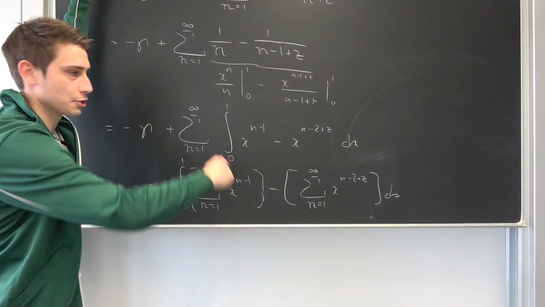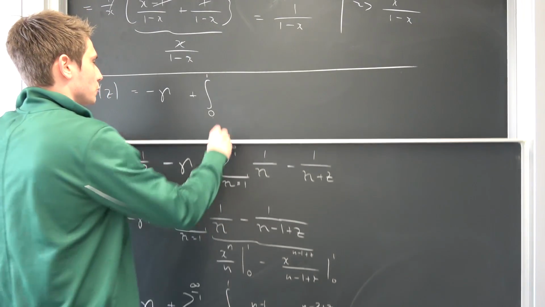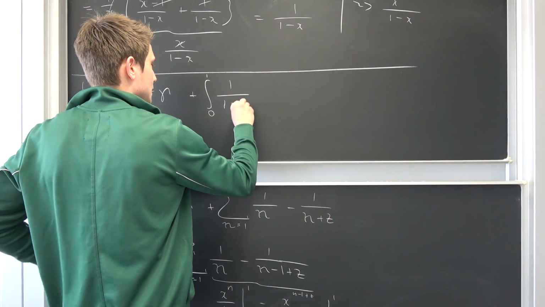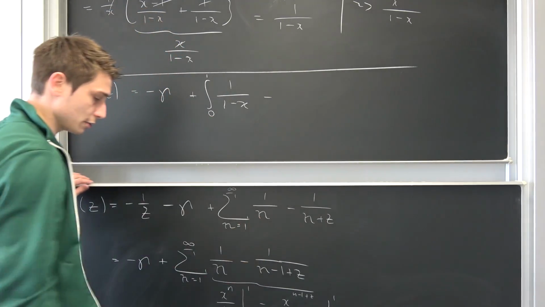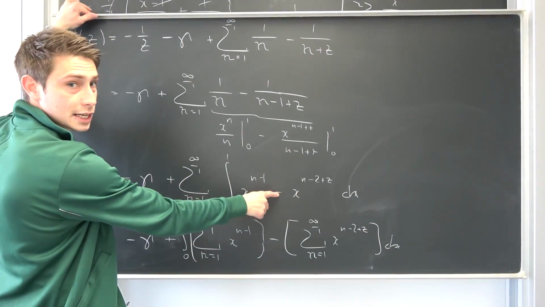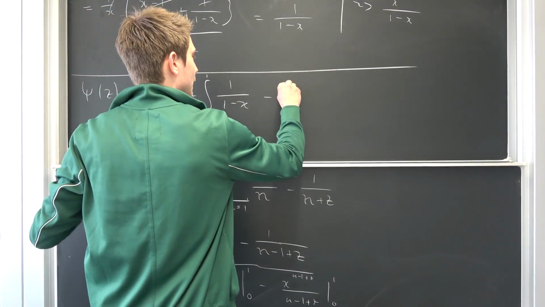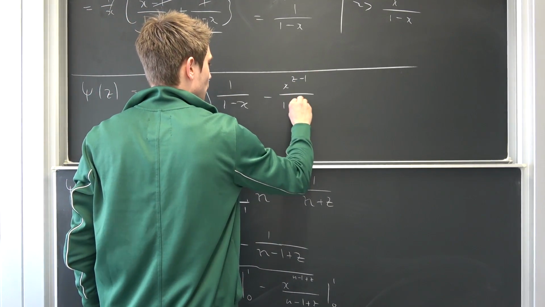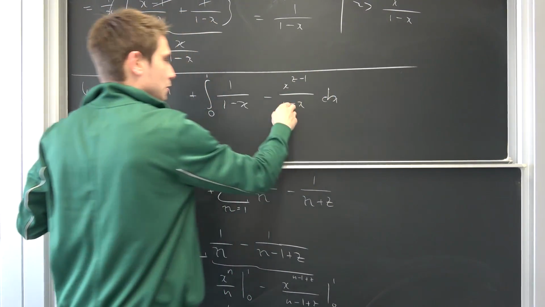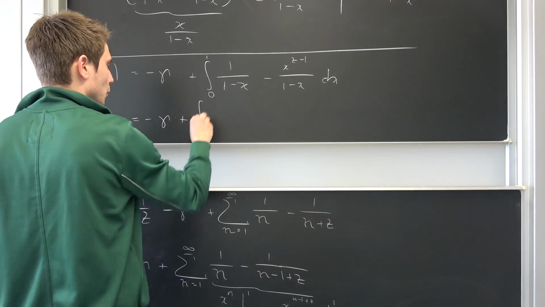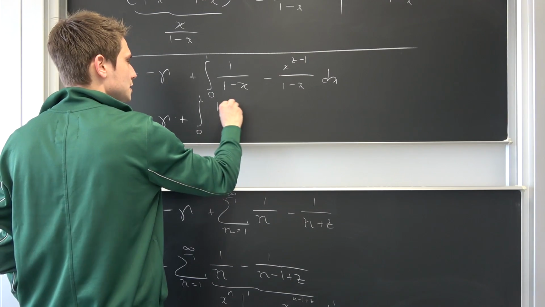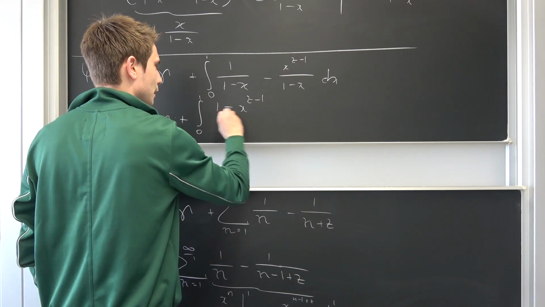Putting this into our geometric series stuff, it's going to give us 1 over 1 minus x, and then minus, it's going to be negative because we had a negative sign right here, I'm terribly sorry, x to the z minus 1th power over 1 minus x. Putting those on the same denominator, we actually can finish our work up with this very expression.